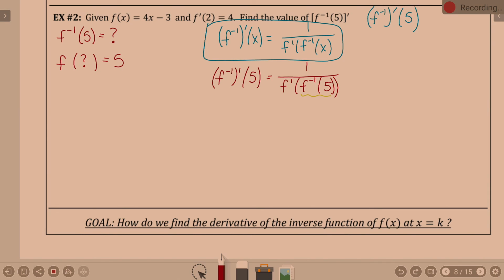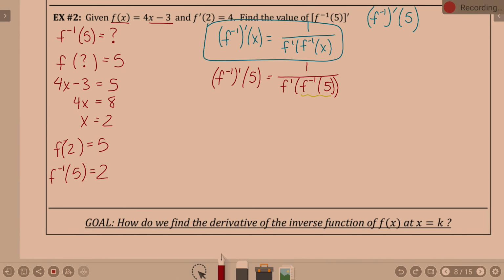Usually these are something you can eyeball pretty easily, because f of x is defined right here. So 4x minus 3 equals 5, x equals 2. That tells me that f of 2 is equal to 5, which means that f inverse of 5 is equal to 2.